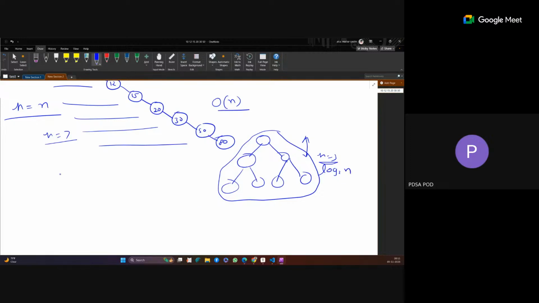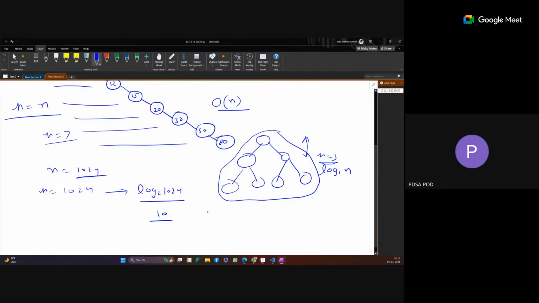Let me just take a big example on this. Suppose you have n equal to 1024, so this is the n. If you make this type of tree structure in the worst case situation, the height will also be 1024. But if your tree is balanced, it is log base 2 of 1024, and that is equal to 10.